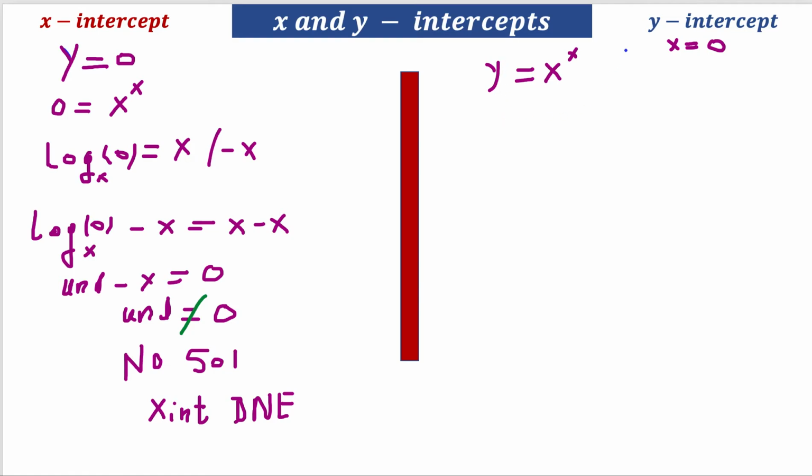And we are going to take the ln of both sides. If we take the ln of both sides, we have ln y is equal to x ln x to the x.